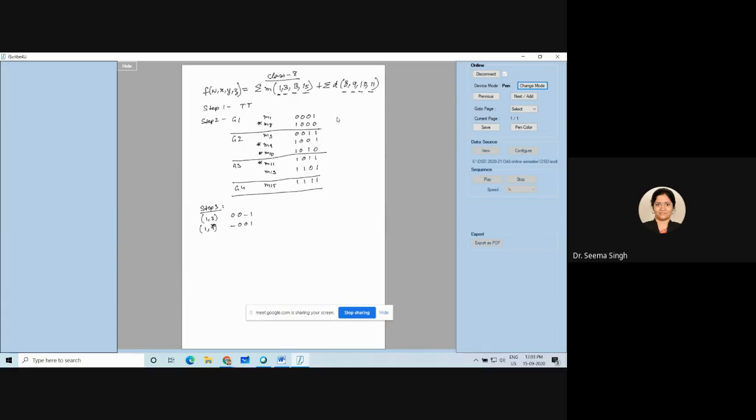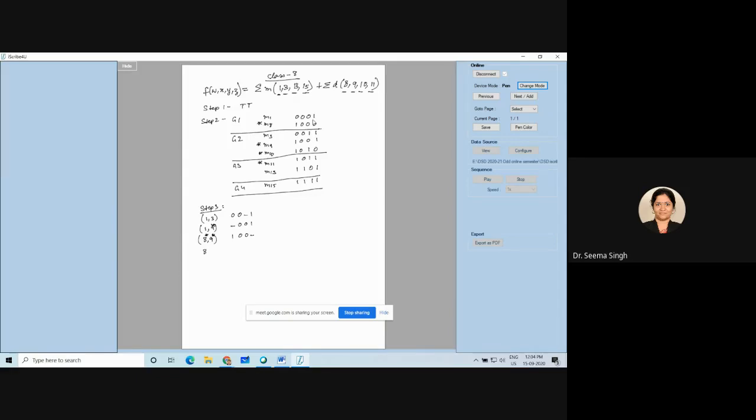Next we will do next pairing, that is 8 to 3, 8 to 9 and 8 to 10. So we can see that 8 to 9 is possible, but we need to mark that both 8 and 9 are don't care. And what is it? 100 dash.